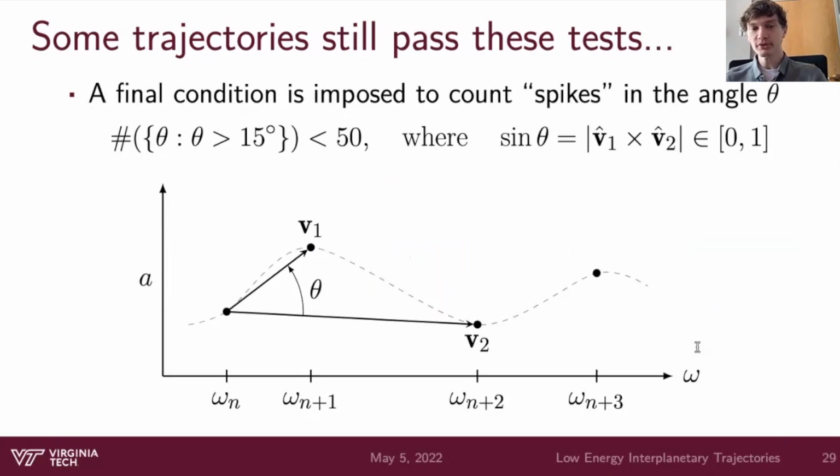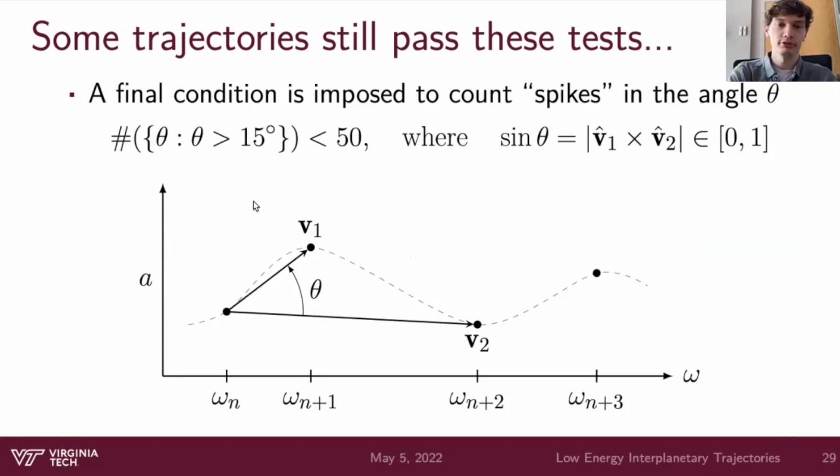So there's a final test that's introduced as a cleanup type of thing. The idea is that if you have a dense curve that actually fills out a function, like a smooth graph, then this angle that's defined between successive points is going to go to 0. The assumption is that we've heavily iterated the Keplerian map, and so the curve is dense, so this angle should be very small.